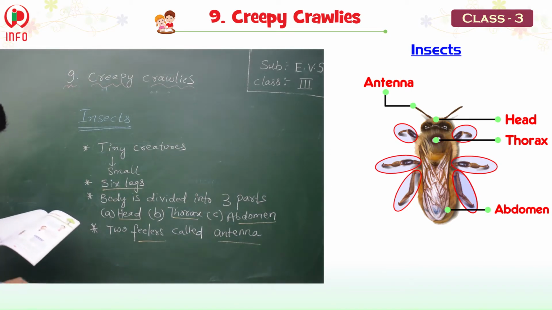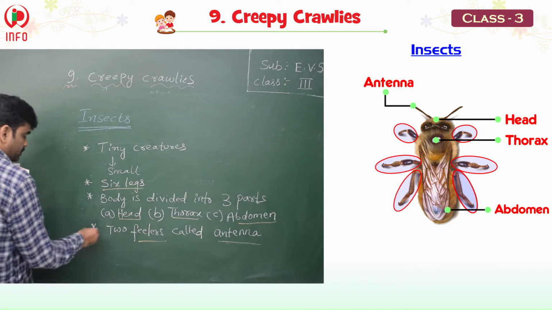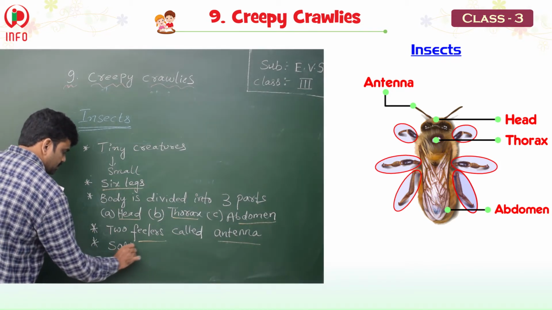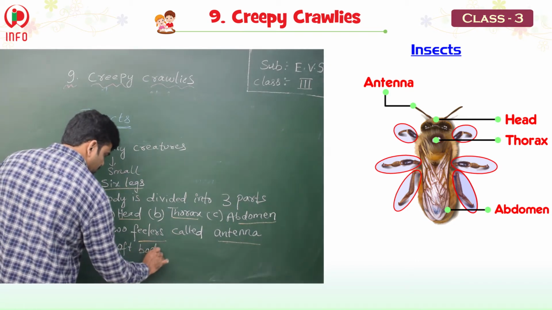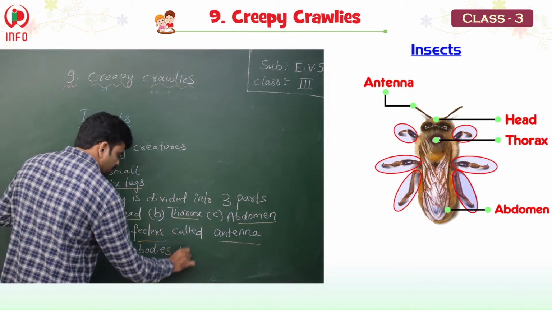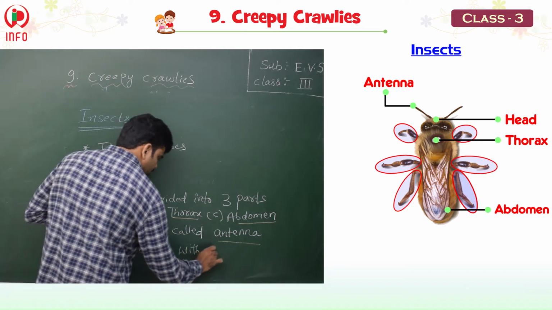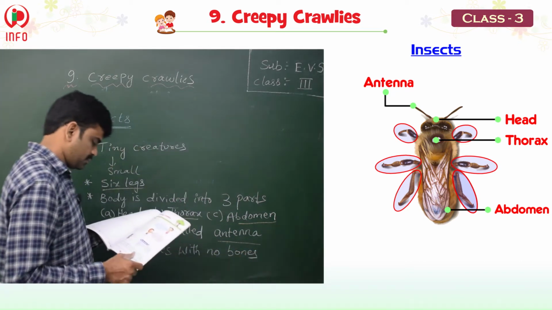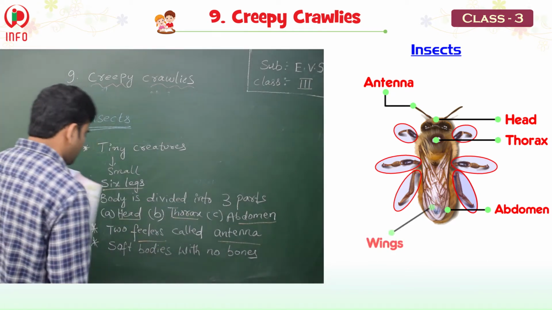They have soft bodies with no bones. Some insects have wings.